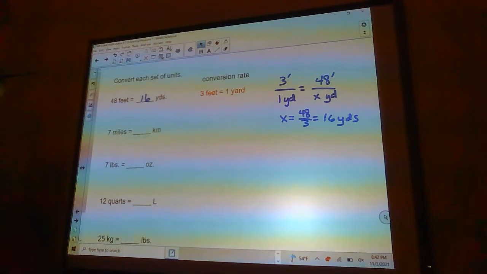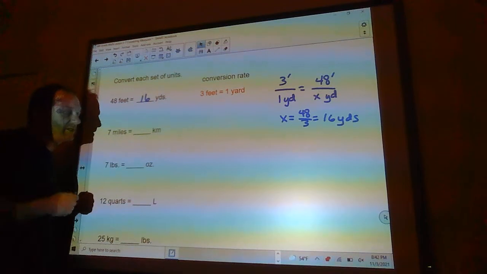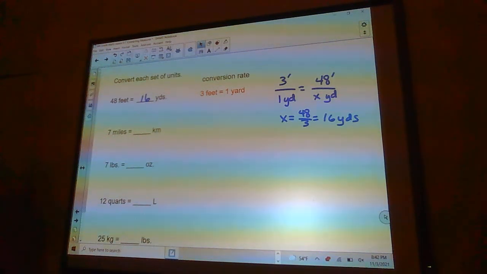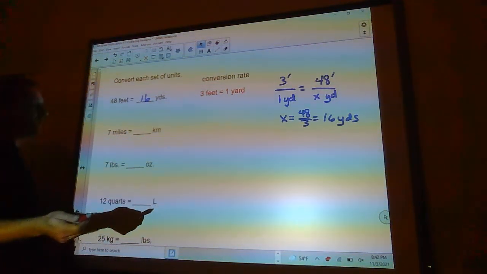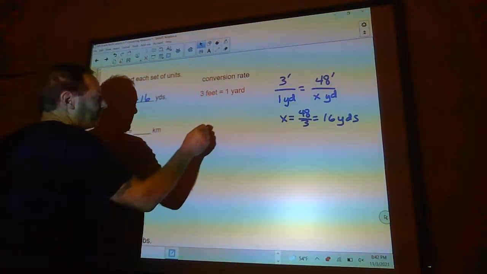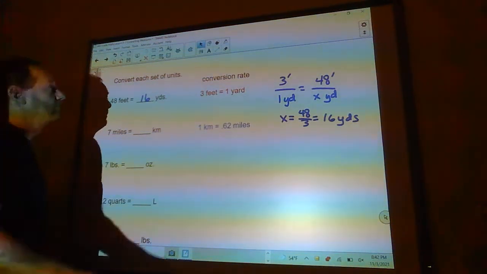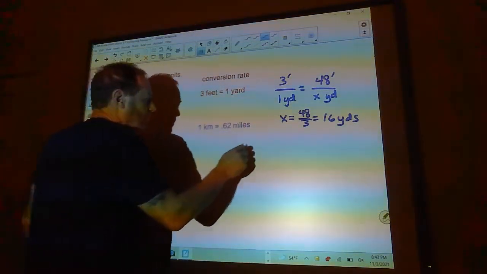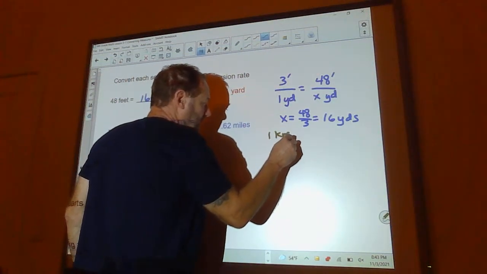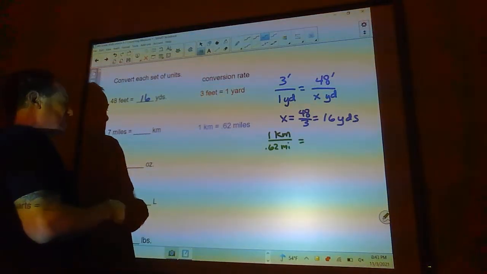This one's a little tougher because I'm converting between miles and kilometers. So I'm going between the customary system and the metric system. Those are the toughest ones. Okay, so let's see, 7 miles is to kilometers. I need to know the relationship between miles and kilometers. So, 1 kilometer is 0.62 miles. Okay, so I can set up a proportion now. I can say that 1 kilometer is to 0.62 miles as 7 miles.